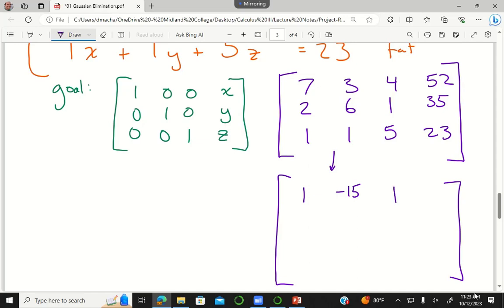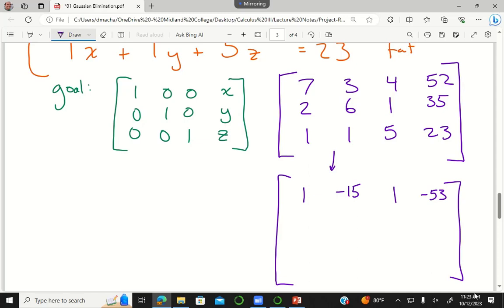And 52 minus 3 times 35 is 52 minus 105, which is negative 53? I don't know for sure.